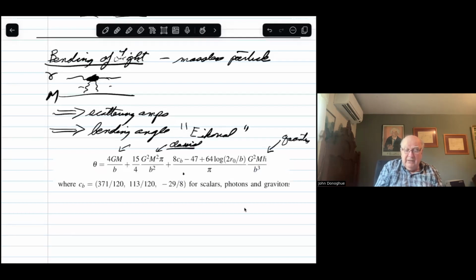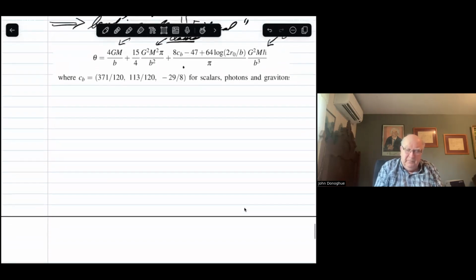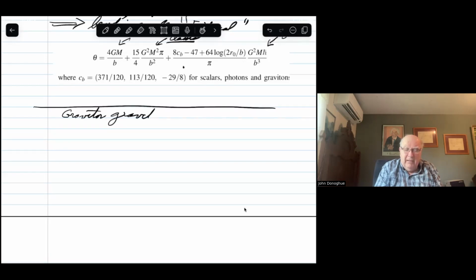It's interesting that you get the correct classical expression out of the Feynman diagrams. I'll come back to that in a minute. I had prepared to do graviton scattering, but I think I'll skip that for lack of time, just because it doesn't add too much to the discussion.